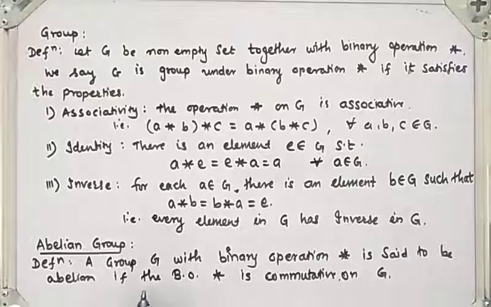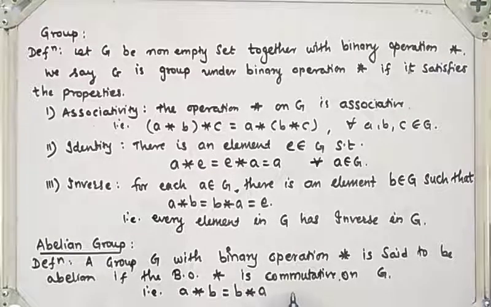Means that A star B is the same as B star A for all A, B belongs to G.